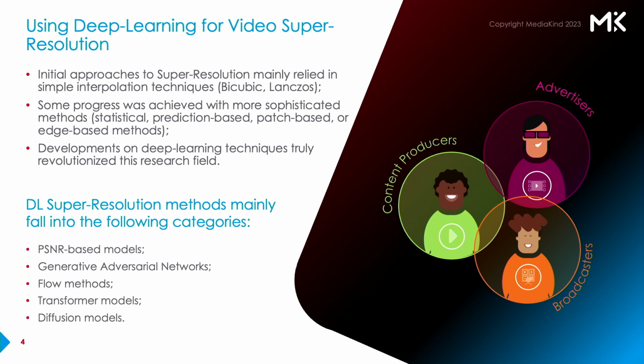It has been out there for many, many years, with the first methods relying on simple upscaling, such as bicubic or Lanczos filtering. Then it evolved to more sophisticated methods, such as prediction, statistical, patch-based or edge-based methods. And right now it has a new breadth of interest driven by the deep learning progress and innovations in this area.